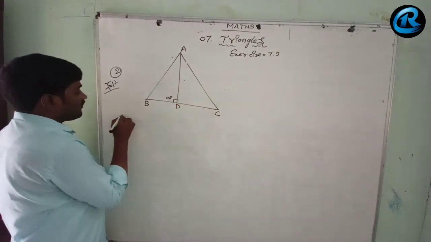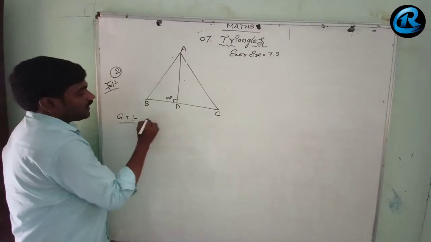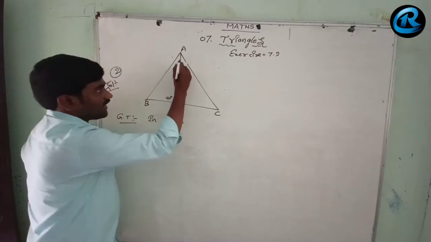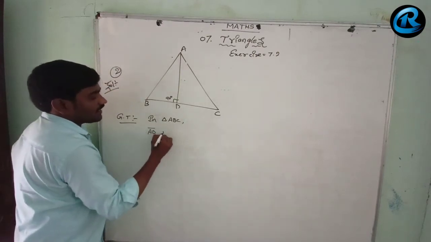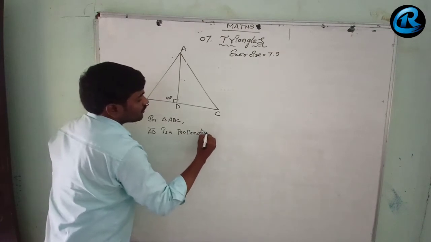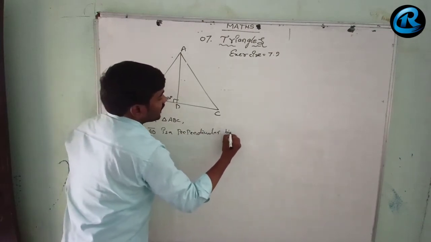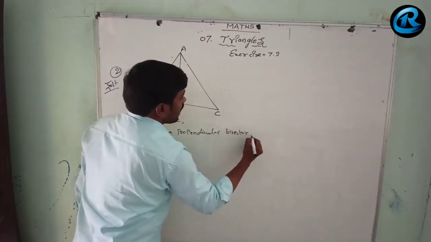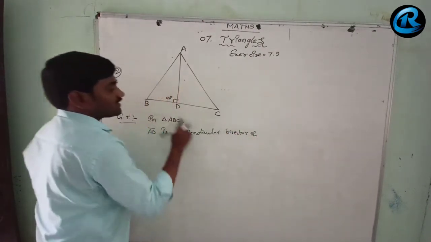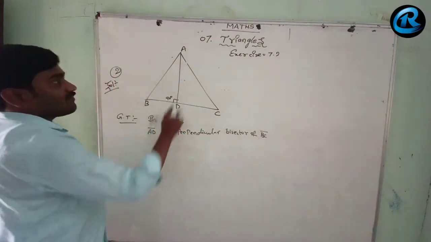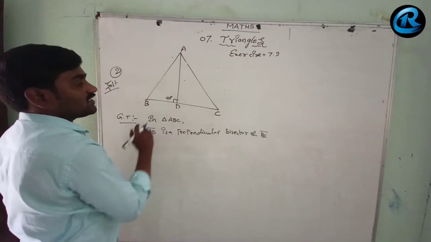So let's go for the given: in triangle ABC, here AD is a perpendicular bisector of BC.